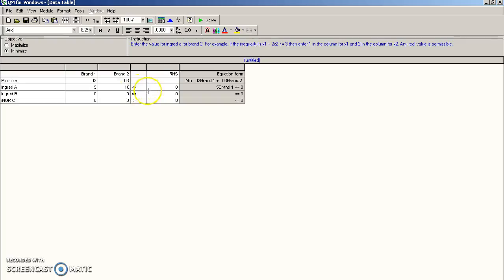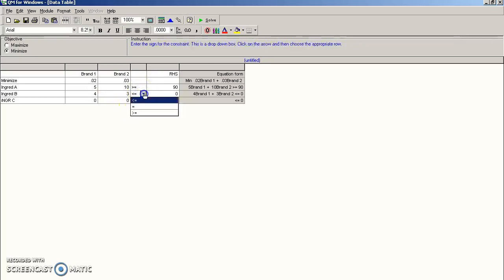And it's got to be greater than, I'm sorry, it's of course not less than, it's got to be greater than the total monthly requirement of 90 ounces. For ingredient B, brand 1 has 4 ounces. Brand 2 has 3 ounces.